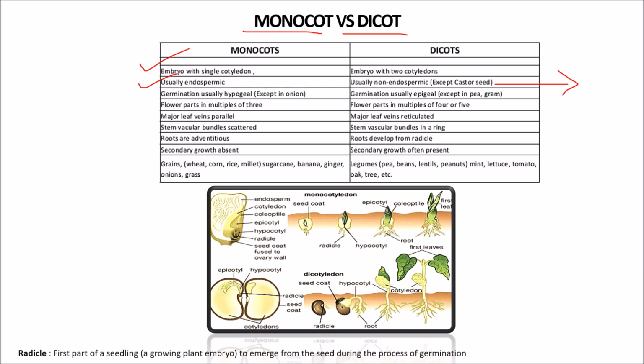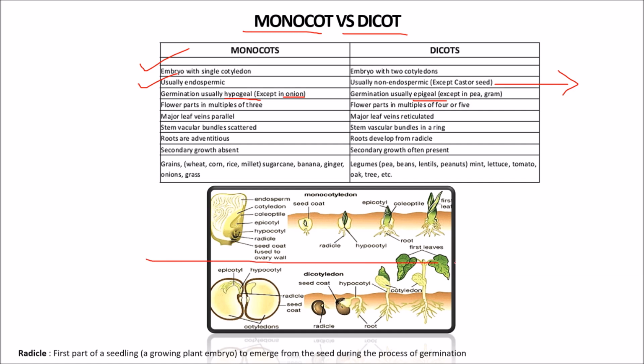Germination in the case of monocots is hypogeal, except in onion, and in the case of dicots it is epigeal. What does this mean? Epigeal germination is when the cotyledons emerge out of the seed, and in hypogeal germination, the cotyledon remains inside the soil.